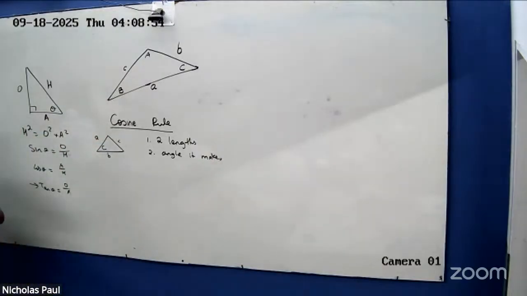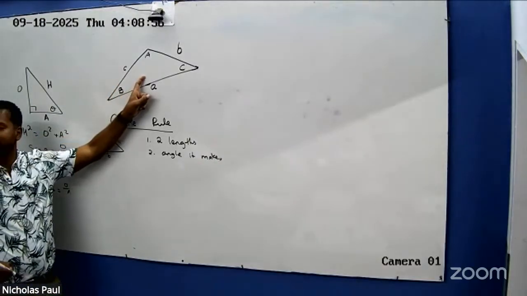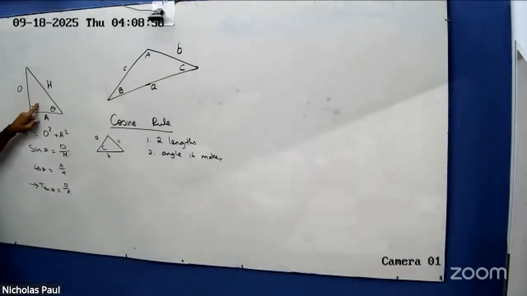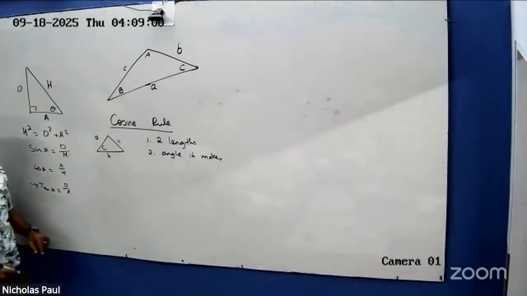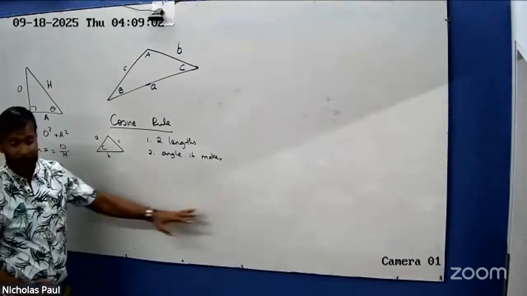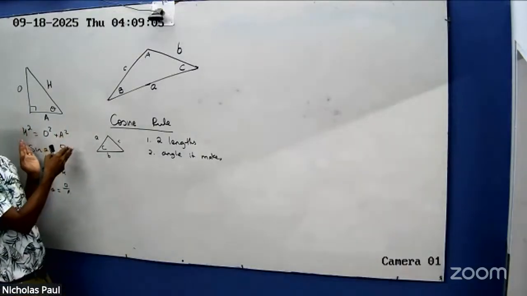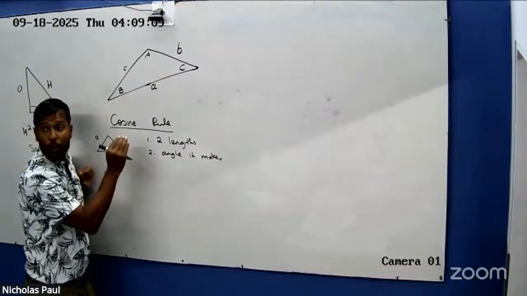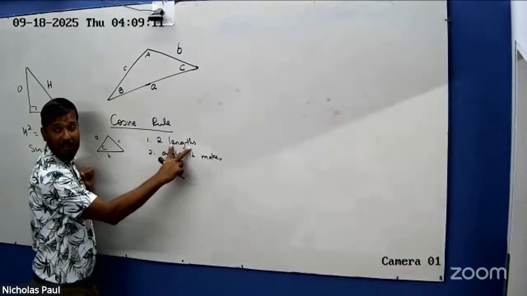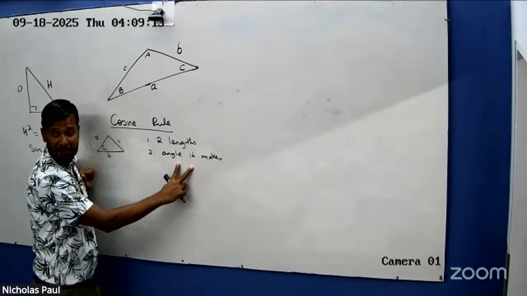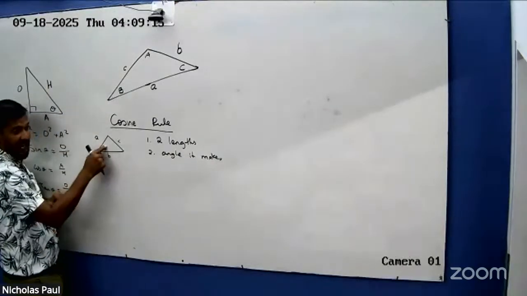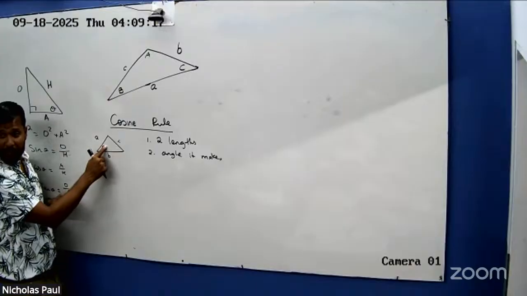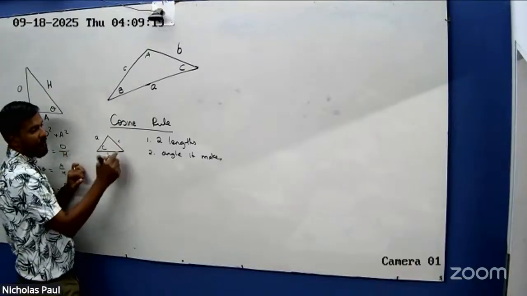No, because it's a non-right angle triangle. If it were right angle, yes. But what I'm going to show you is that this rule and this rule link. So how do we know to use the cosine rule? You must have two lengths and the angle it makes. That's okay? And the rule looks like this. I want to find c.